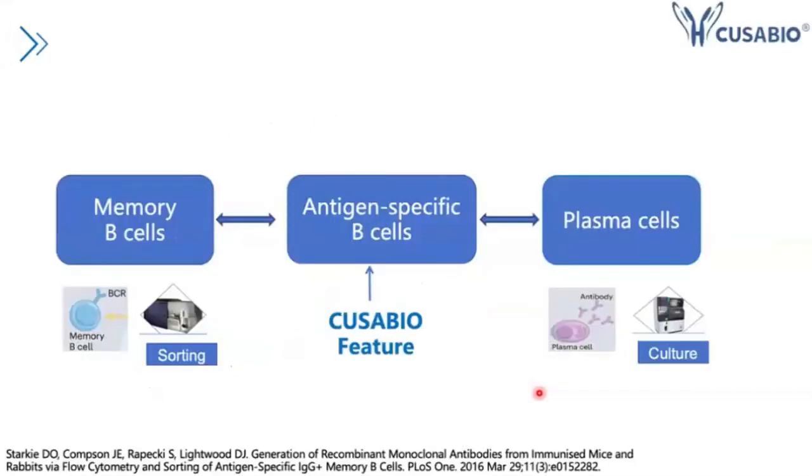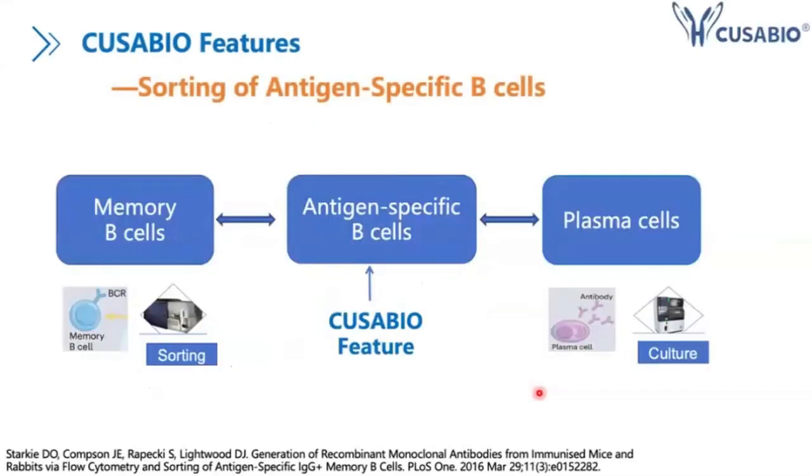The feature of our CUSABIO platform is that, based on the phage screening approach, we perform a 2-round screening. In the market, companies usually target either the memory B cells or the plasma cells, but in CUSABIO, we target both. With the 2-round screening, we sort the antigen positive B cells.